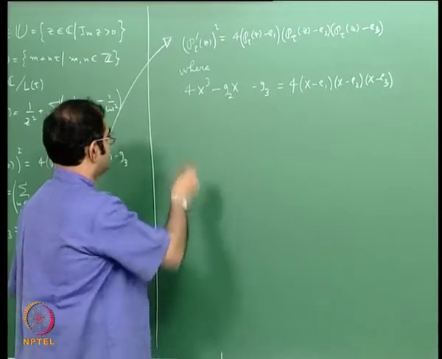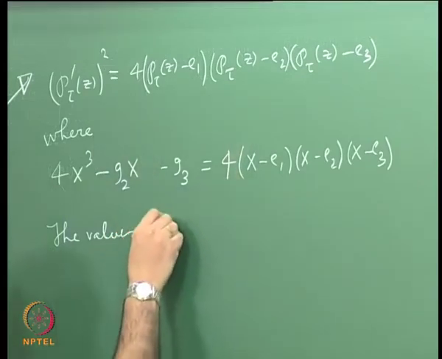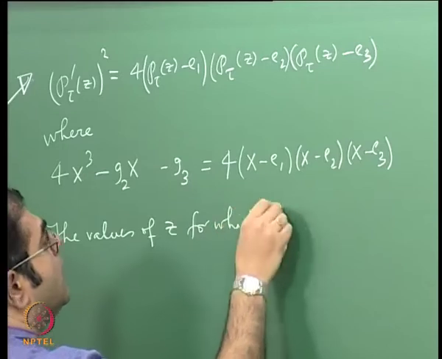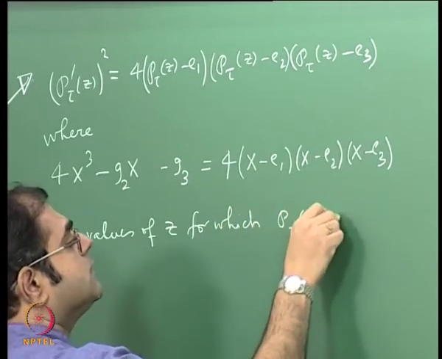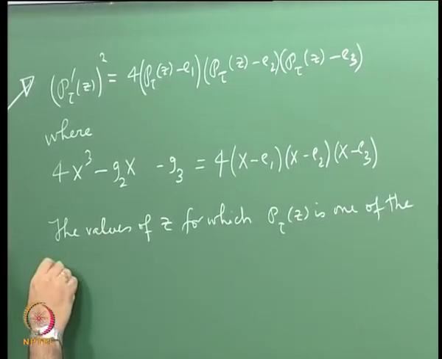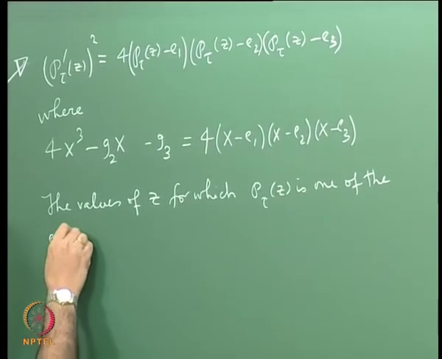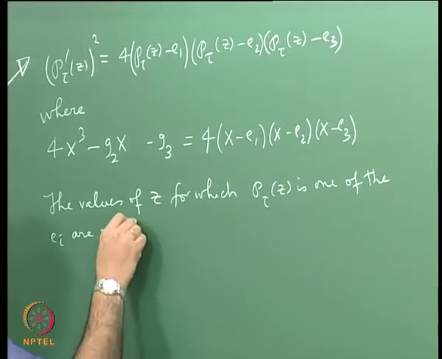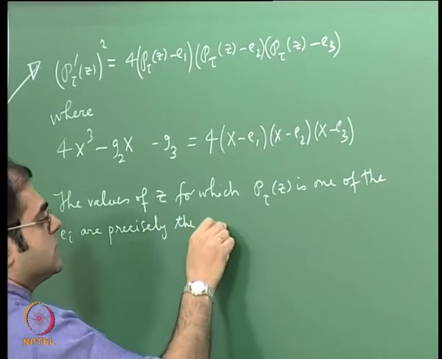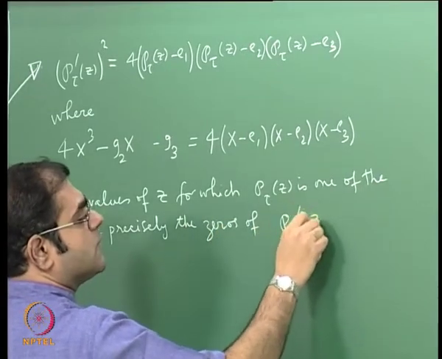Let me write that down. The values of z for which p tau of z is one of the ei are precisely the zeros of p tau prime of z.